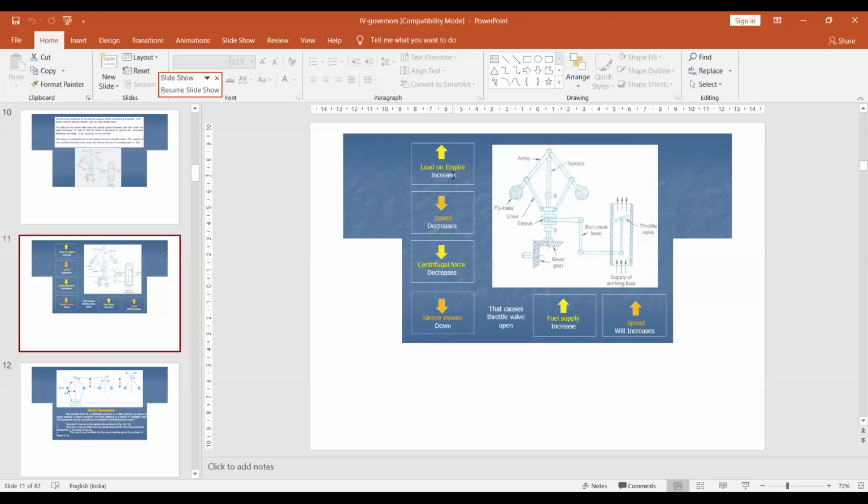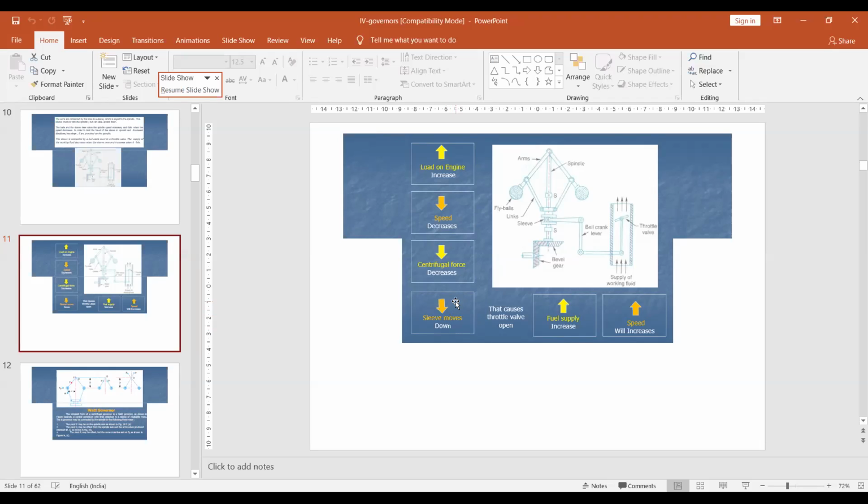When we have governors in an automobile, the speed decreasing means the centrifugal force decreases. Then the sleeve moves downward.